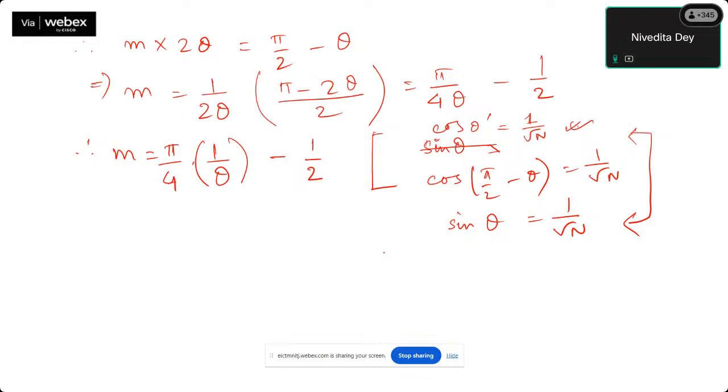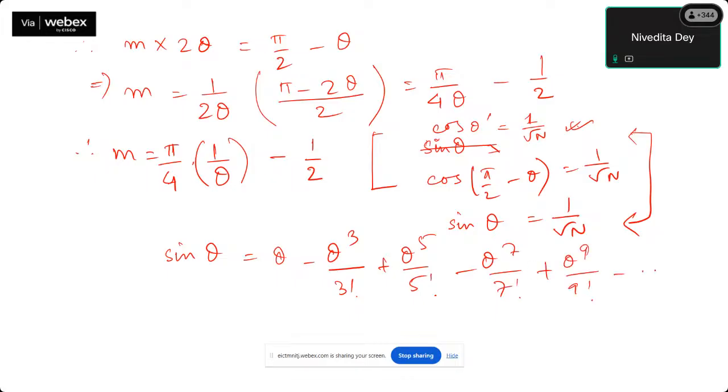Now what is the value of sine theta? The sine series expansion is basically theta minus theta cube by 3 factorial plus theta to the power 5 by 5 factorial, and so on up to infinity.